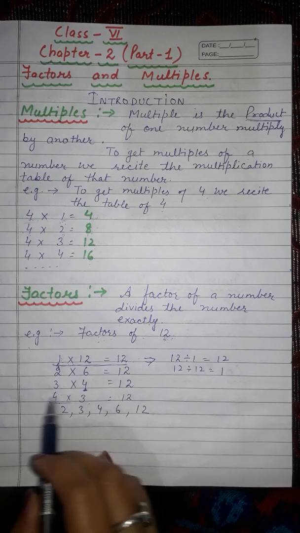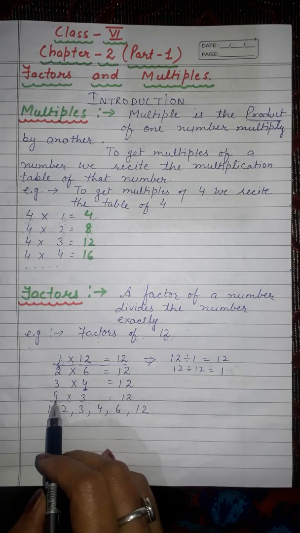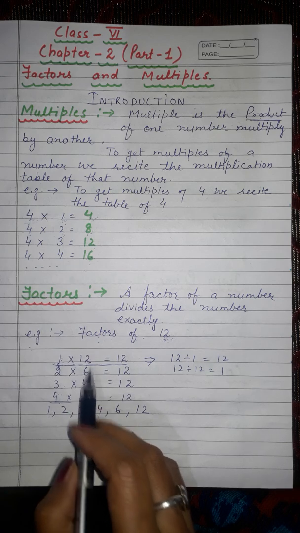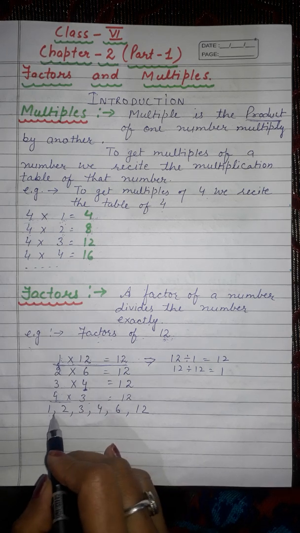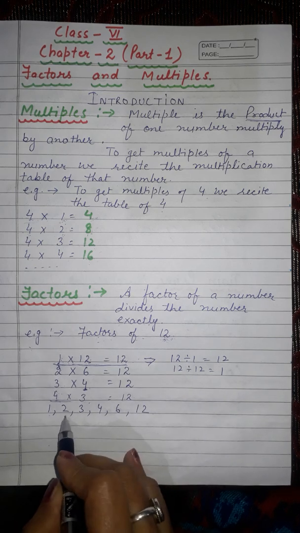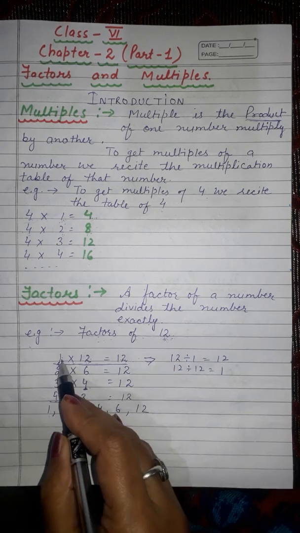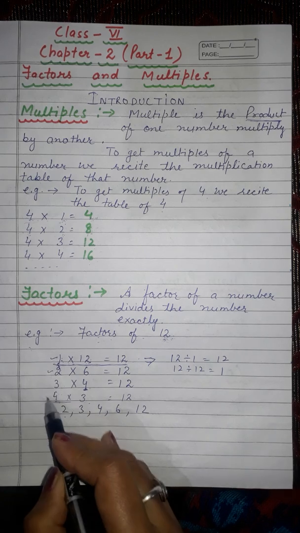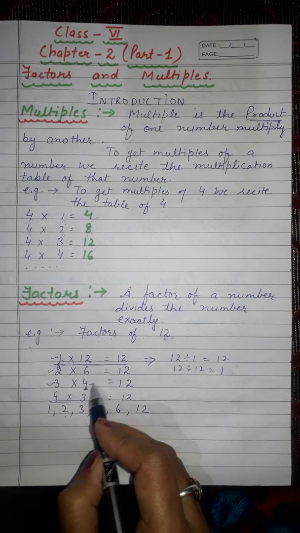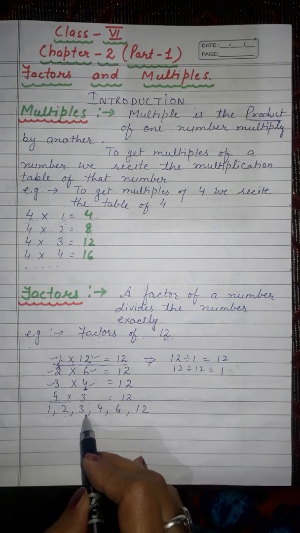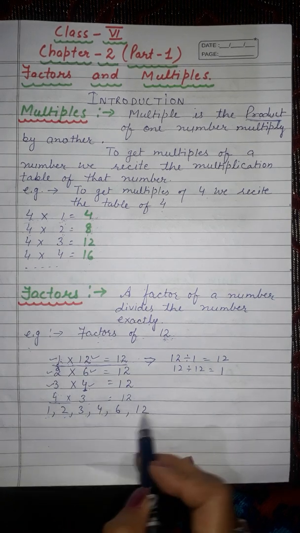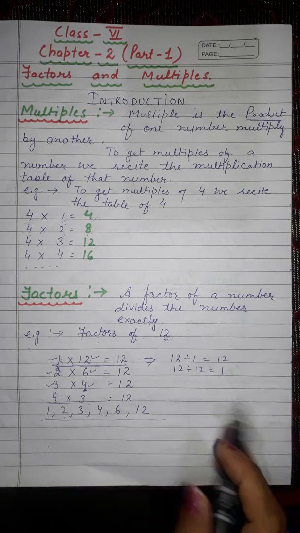We have no need to check the next numbers, because 4, 6, 12 will be repeated next. So what are the factors of 12? The factors of 12 are 1, 2, 3, 4, 6 and 12.